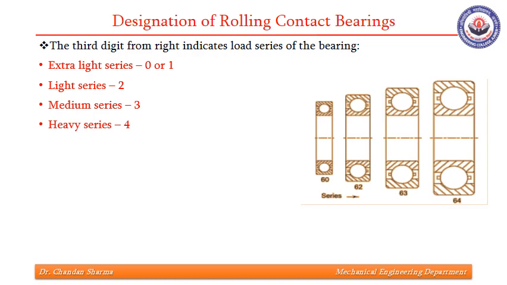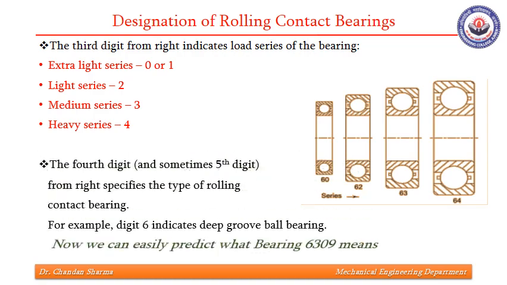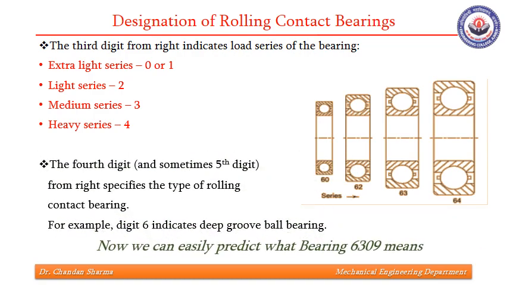So we have talked about 3 digits. Now the remaining 4 digits or sometimes 5 digits from the right specify the type of rolling contact bearing. They are assigned on the part of the manufacturer. They are free to give some suitable number as per their manufacturing capabilities.